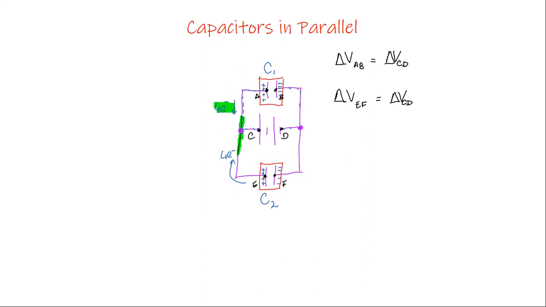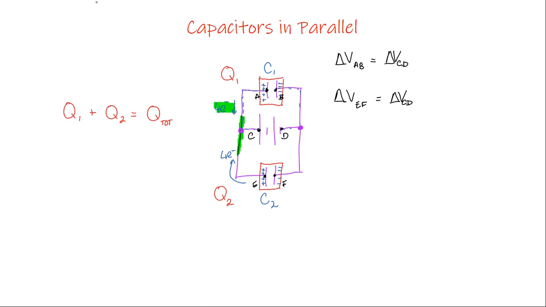Remember, the electrons that we pulled off of E went through here and got dumped onto F, and the electrons that we pulled off of A got dumped onto B. So the charge on capacitor 1 and the charge on capacitor 2 added together give us the total amount of charge between the capacitors.